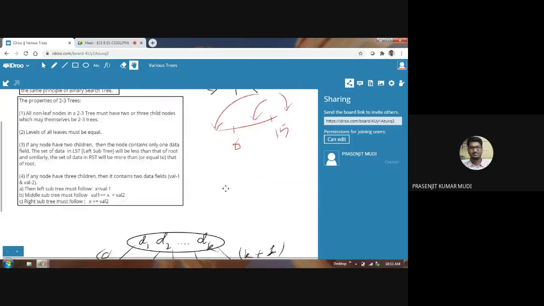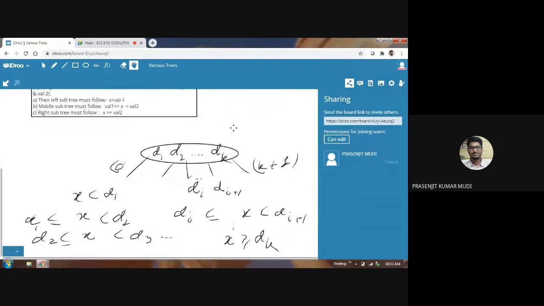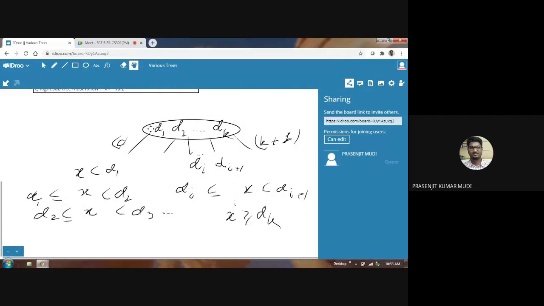If we further generalize this concept, any node can have k data fields, d1, d2, up to dk, so that this node can have exactly k plus 1 children. The branch policies will be like this: the leftmost branch should have a child with a value x less than d1.